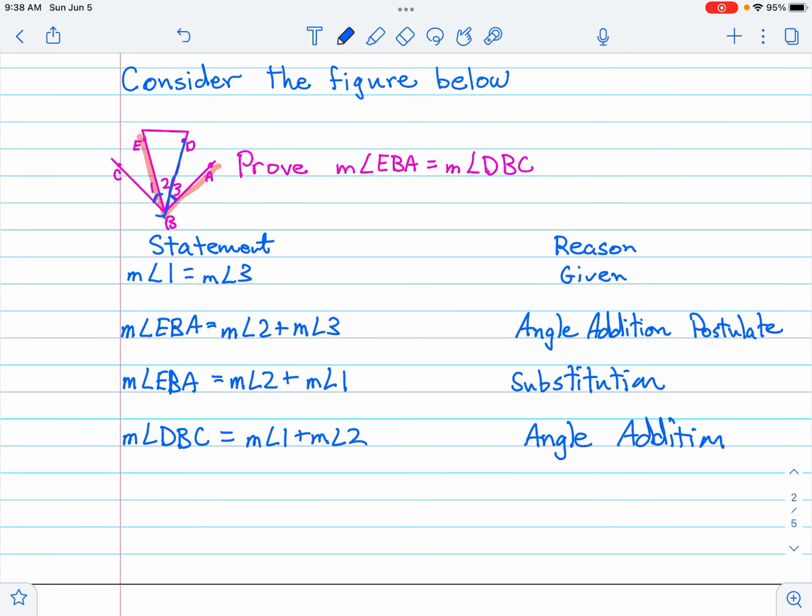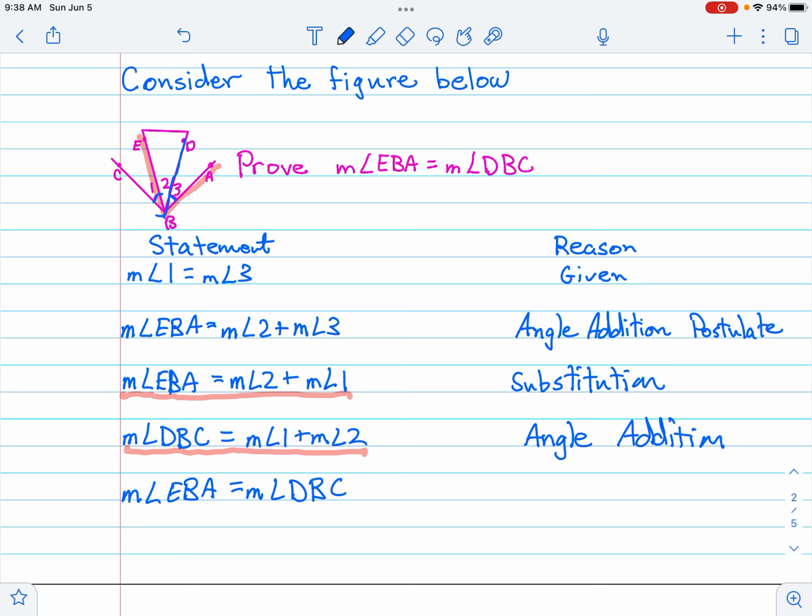Okay. Now, look at this. Here's where we land. The measure of EBA is equal to the measure of angle 1 plus the measure of angle 2, but so is the measure of angle DBC. Well, if that's the case, then the measure of angle EBA is equal to the measure of angle DBC. And I guess we could call that the transitive property.